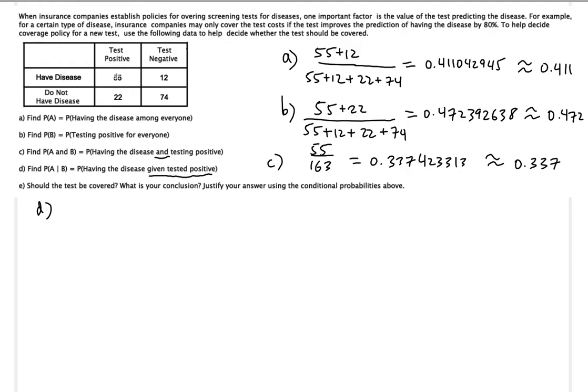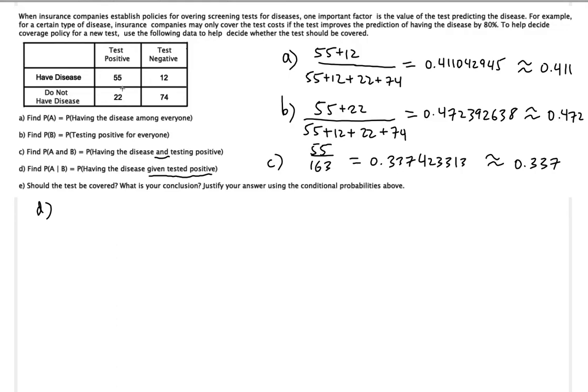So again, we're going to look at the first column because this gives you the total number of people that test positive. This will be a smaller sample that we're going to pick from. So now we're going to have to pick the number of people that have the disease among those only that test positive, not everyone else. Not everyone total, but just this first column total.